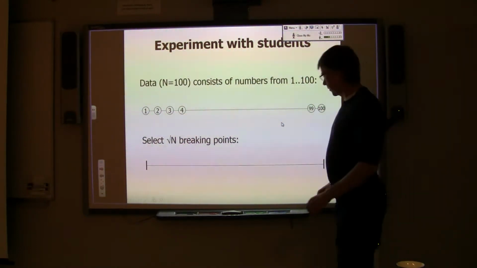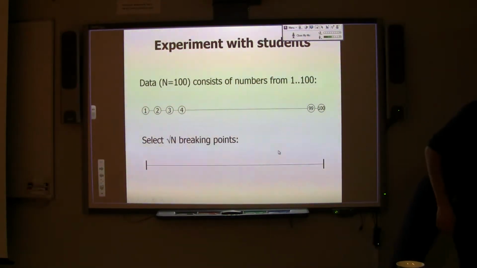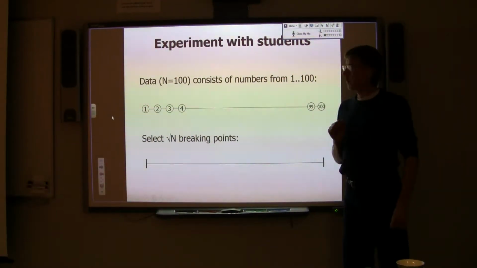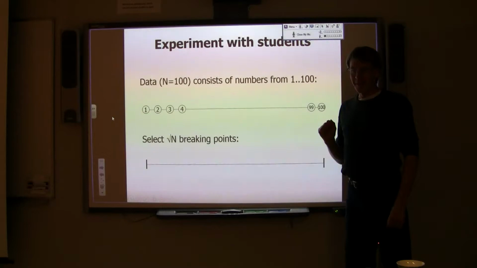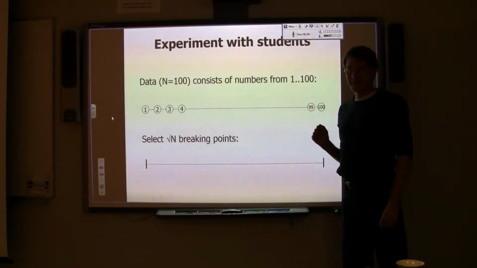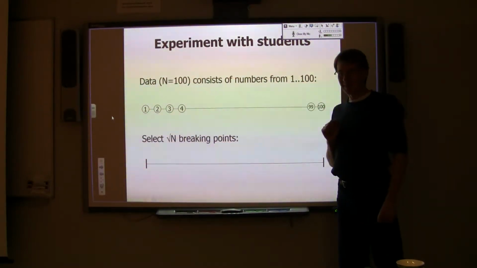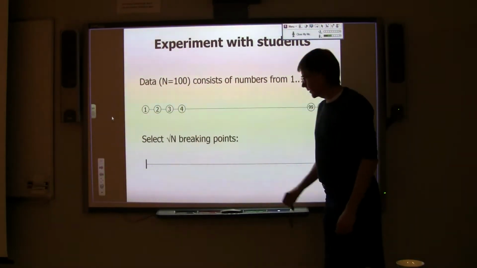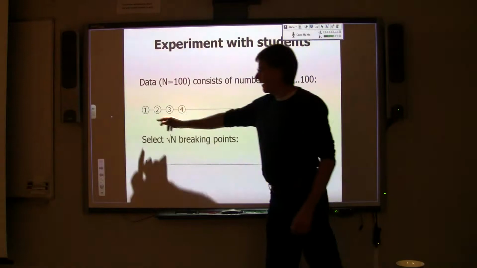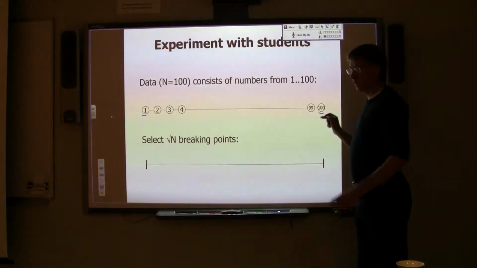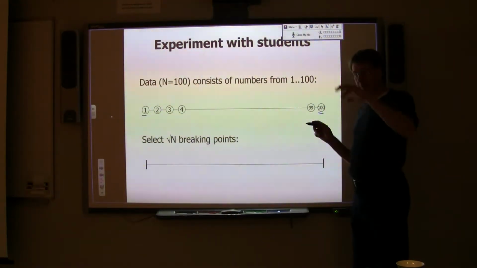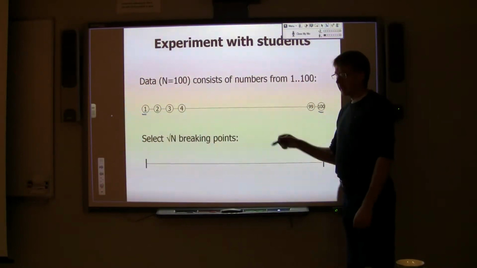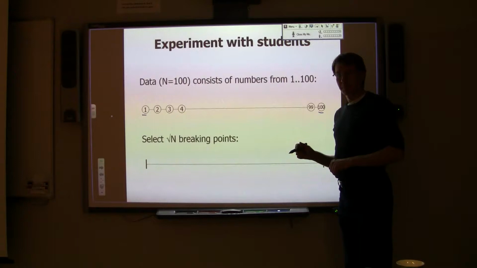However, I want to give you, and this is not proof by example, a way of convincing the students by a simple example. Let's assume that I have 100 numbers stored in my array with this linked structure, and now I need to select 10 random numbers.